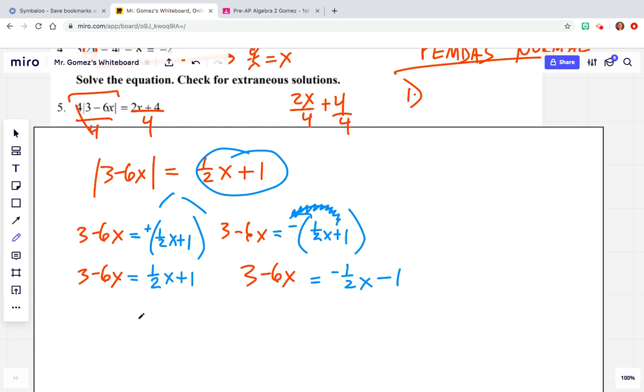Now it's just a matter of getting our x's together. Okay, so let's add 6x to this side. So we're going to end up having 3 is equal to 1/2 x plus 6x plus 1. If I subtract the 1 over, I get 2 is equal to 1/2 x plus 6x. And yes, adding these together, it's just saying, what's 1/2 plus 6?